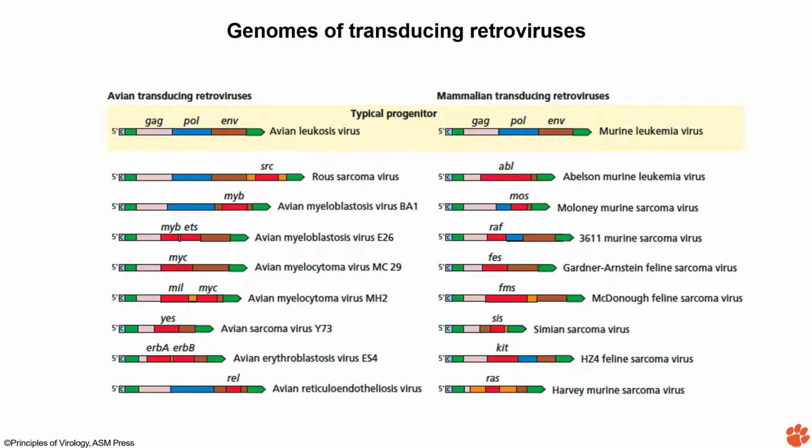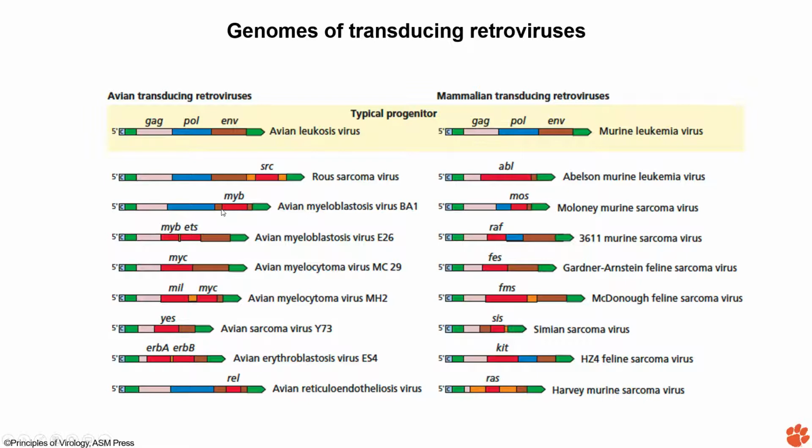On the other hand, if you just look at the other one, lots of different things, see that out of this pink, blue, and brown color, something is not correct and something is missing. So here you can see avian myeloblastosis: GAG is good, POL is good. See that the envelope is pretty much deleted, so the MYB gene is inserted into the envelope.